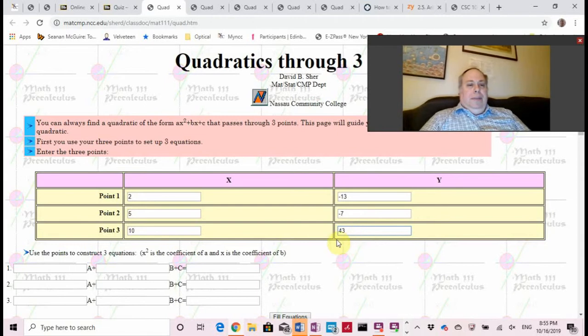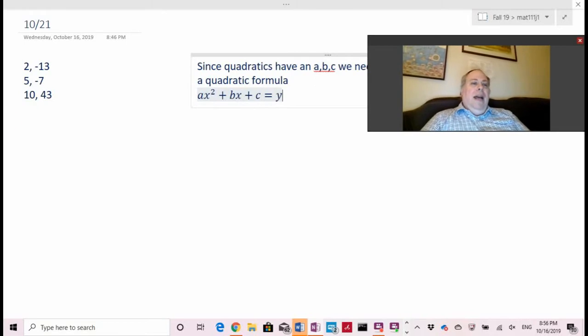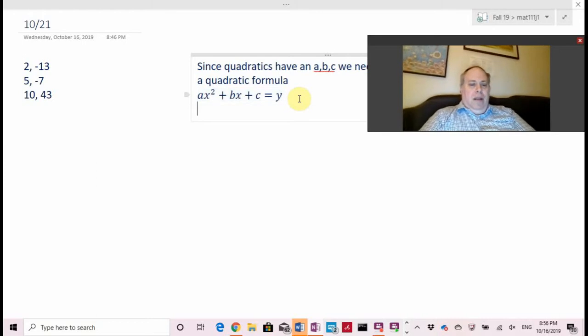And the underlying idea of this gadget is that a quadratic is ax squared plus bx plus c equals y. Now, I have an x and y. This is going to turn into 3 formulas. 4a, right?